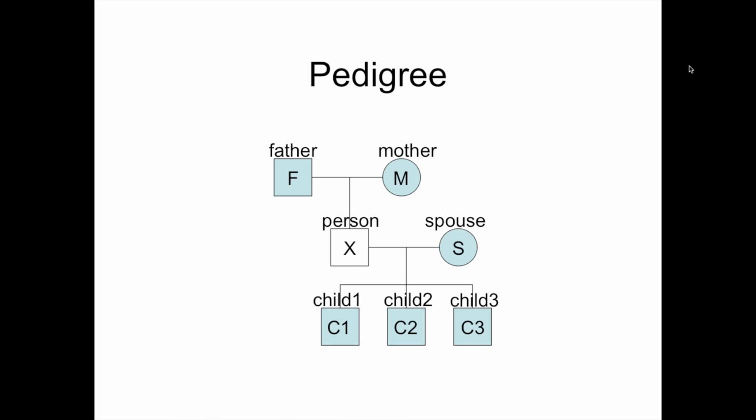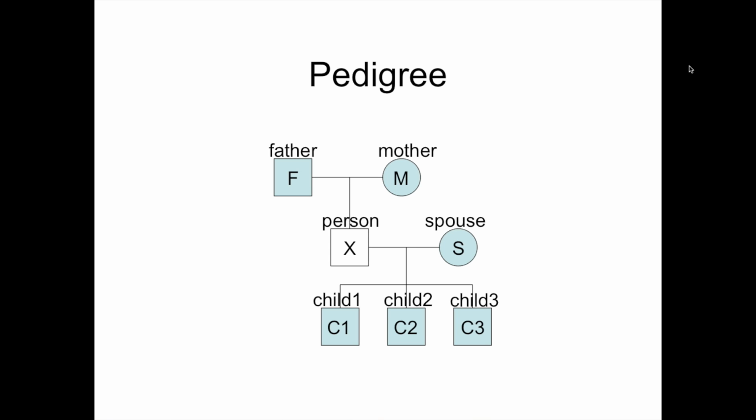This is a family relationship that you're familiar with from genetics. That's a pedigree. And this is the main template we'll be using for most of the presentation and examples. At the top of the pedigree, we have a father indicated in capital F and a mother indicated capital M. The fact that these circles and squares indicating females and males respectively are filled in indicates that they're known quantities.